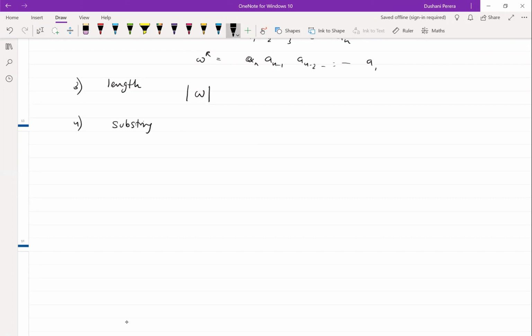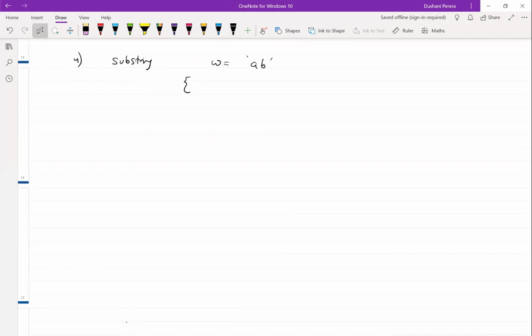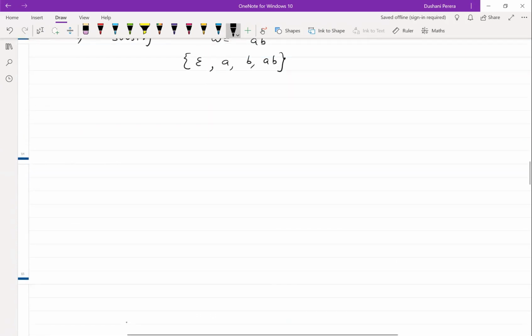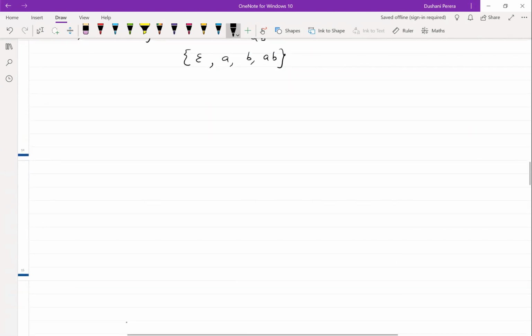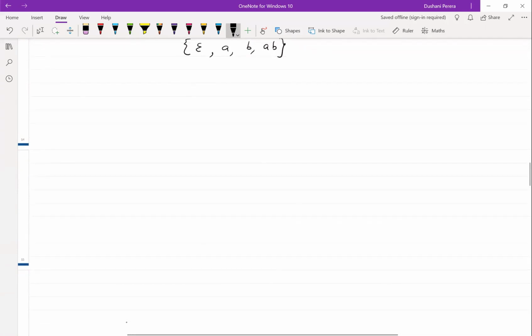A substring means we extract a set of characters from a given string. When we are given a string AB, we can extract a set of characters from this and create a substring. The substrings over this string could be the null string, A, B, or AB. An extracted set of characters out of a given string is called a substring.